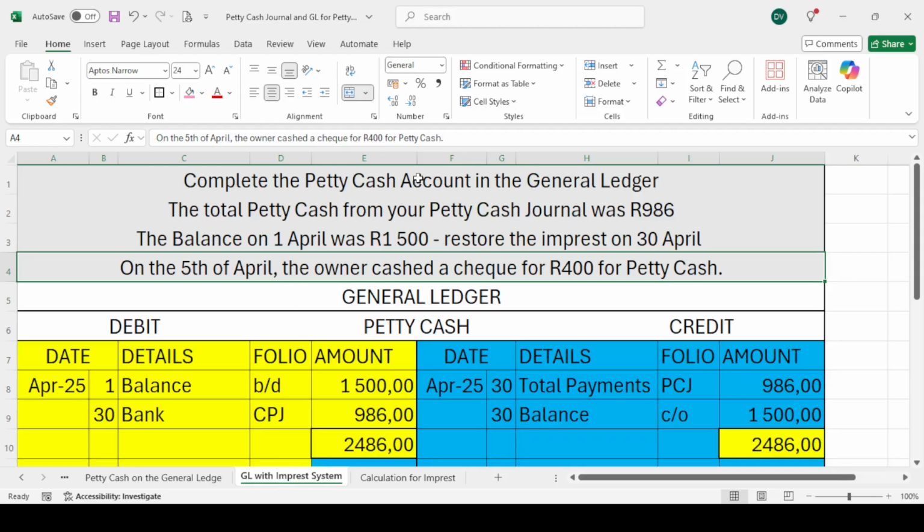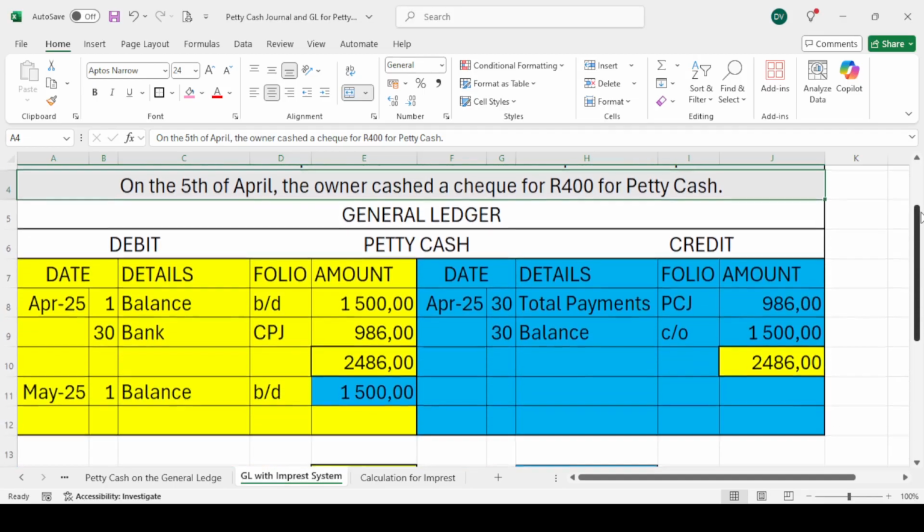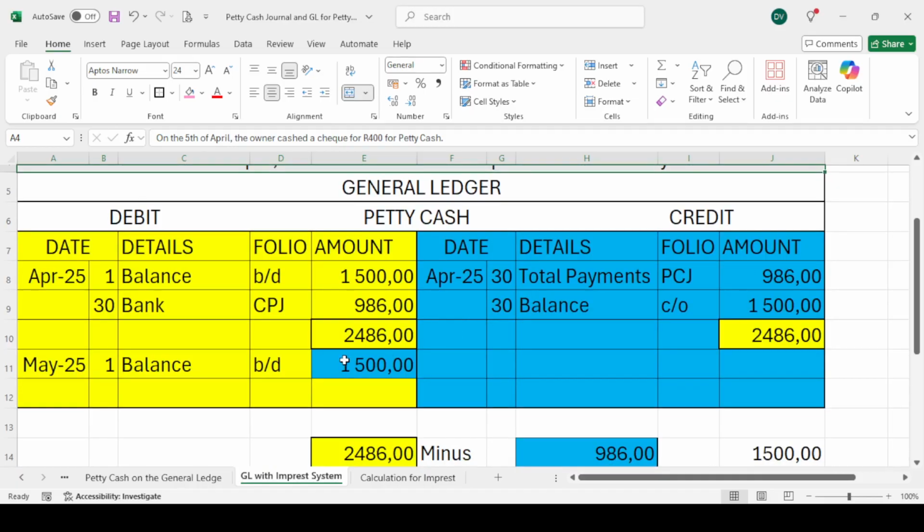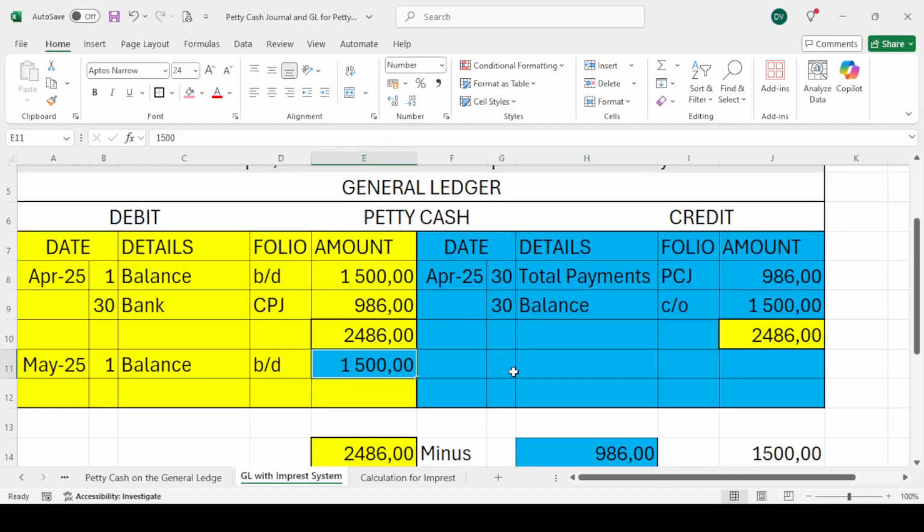If your petty cash is 1,500 in the beginning of the month and that's the Imprest, it has to be 1,500 Rand again at the beginning of the new month. Okay? Right. That is the Imprest system. Not even in a nutshell. It's just what it is. That's it. It won't get more complicated than this.